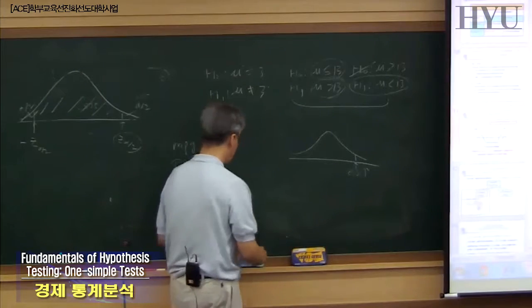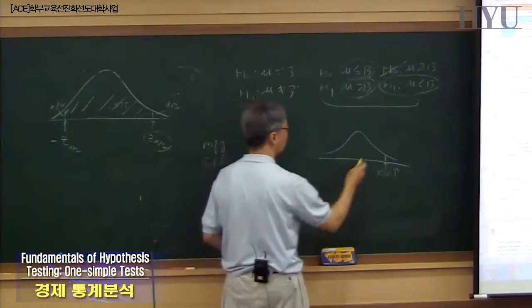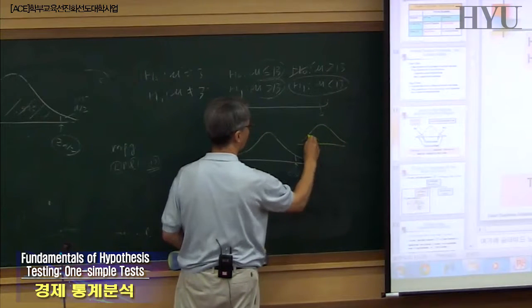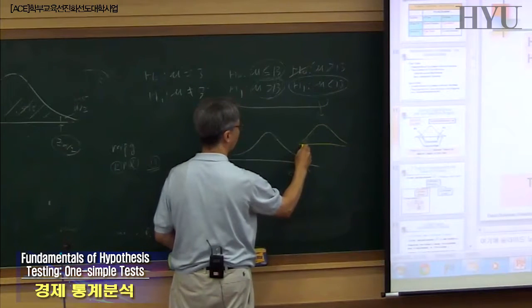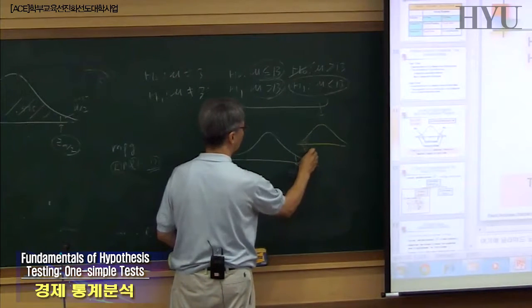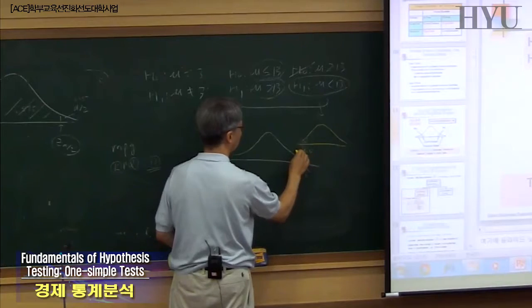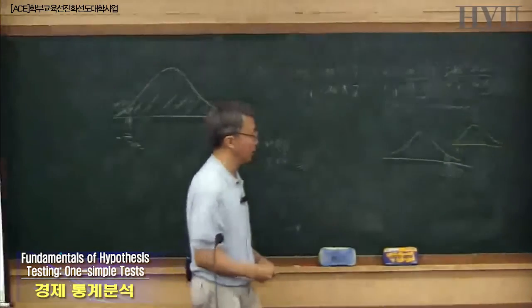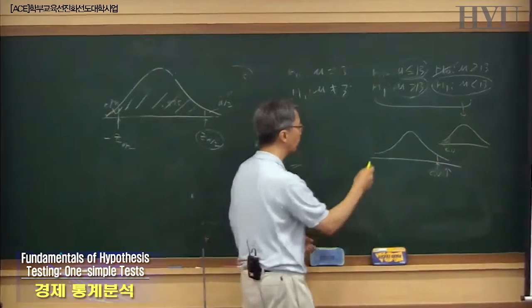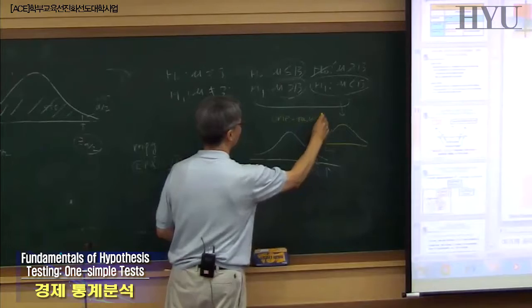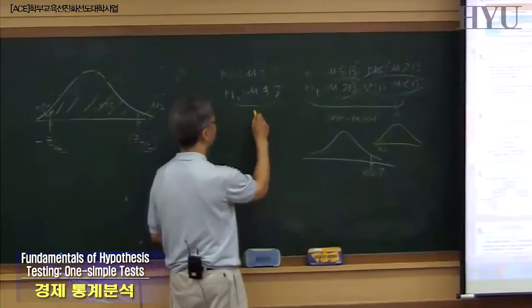In this case, that will be opposite: your rejection region will be only on the left side, because we want to find out whether the test statistic is less than or not less than the critical value. So these are one-tail tests. This is a two-tail.